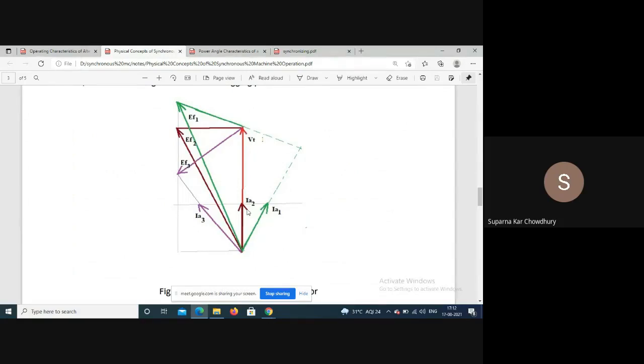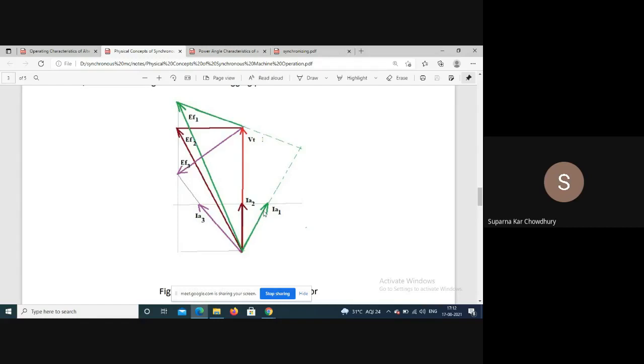Now what happens if the current it is supplying is at unity power factor? This is Ia2 in this figure. So the phasor under this condition will be Vt plus Ia2 Xs is equal to Ef2.